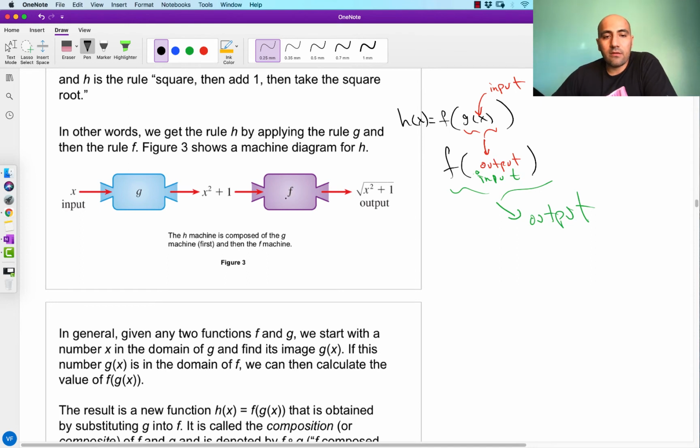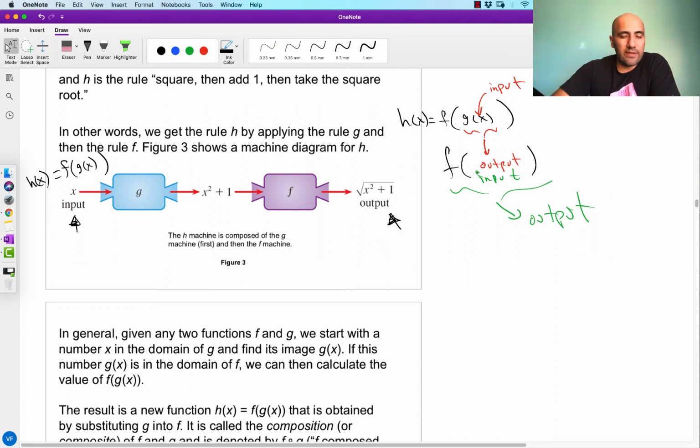But together, combined, we call this a function machine. We have our input for the combined function, the composition function of f composed with g. This is the new function h of x. The input to this h function goes here, and then lots of math, and then here comes the output to the h function.